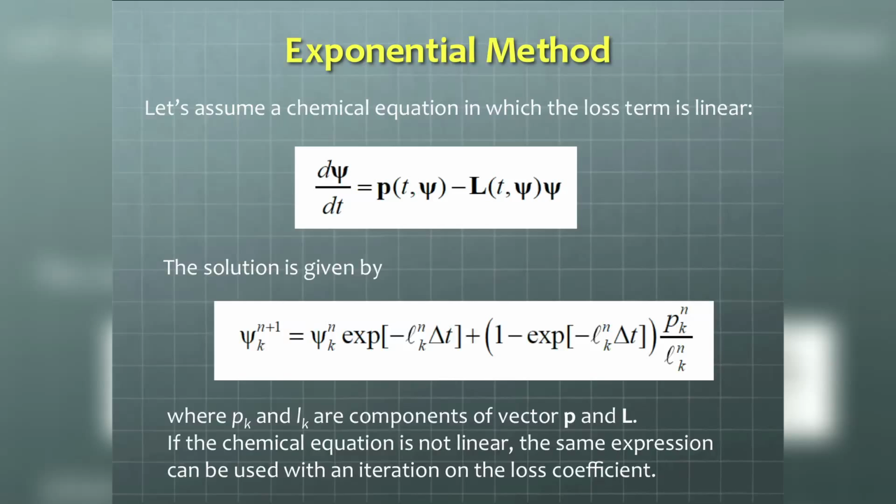So let's assume one of the equations in the system. If this is linear, if P_k and L_k are the k-th element or component of the vectors P and L, well, let's assume they're constant with time. In that case, I can solve this equation over a time step, and here's the solution.